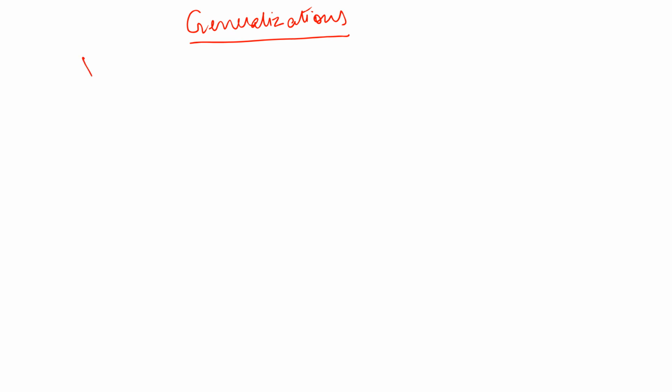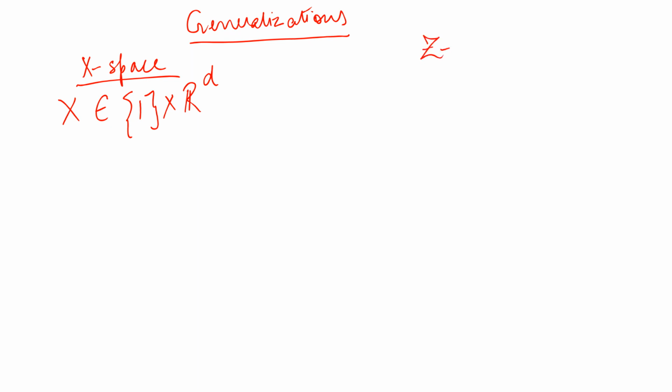Now we have the X space, which is the augmented one, and of course you have the dimension D, and then we have the Z space. The Z space is pretty similar in the sense that we have the new created variable that has 1 and then the rest, and everything in the new feature space we will denote by D tilde.